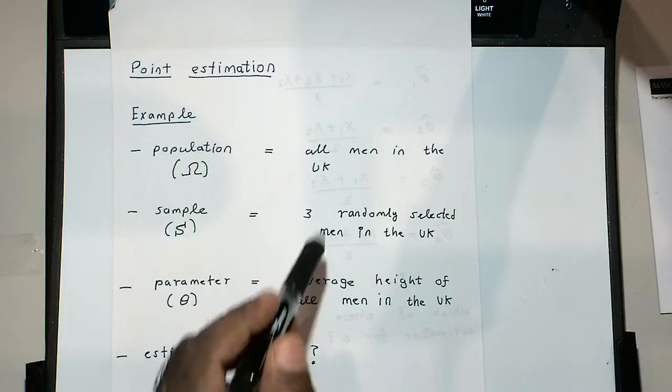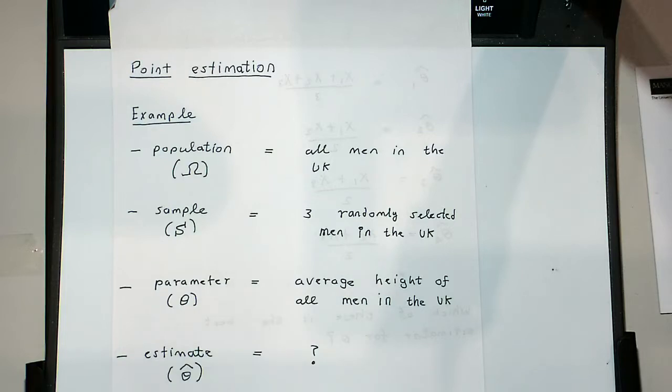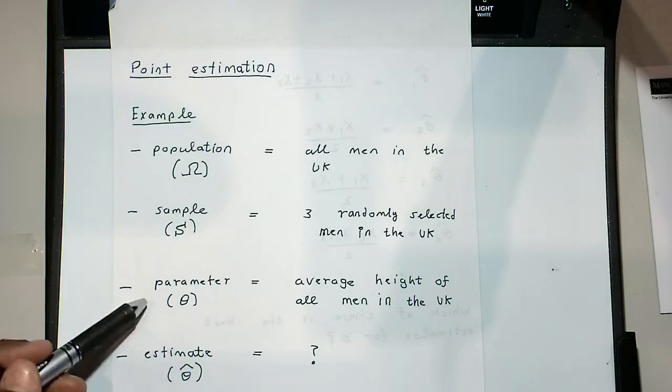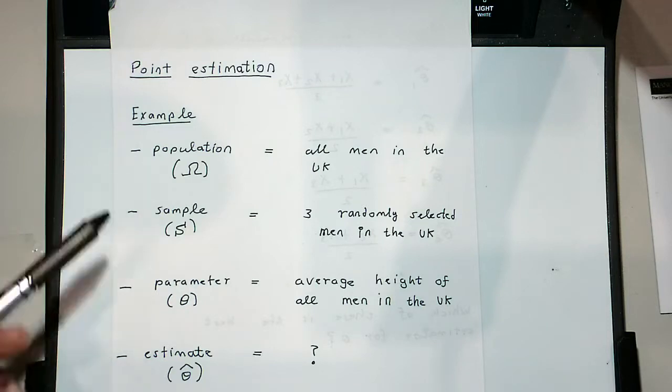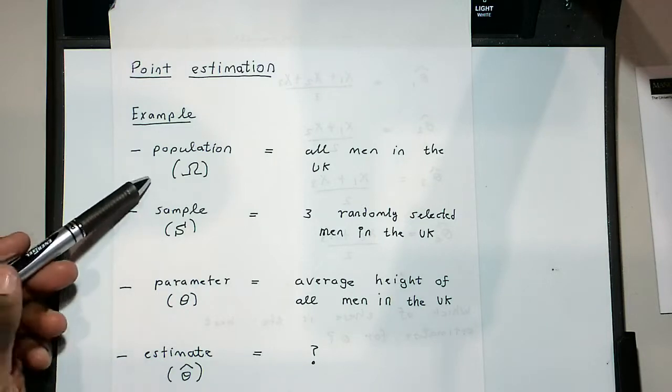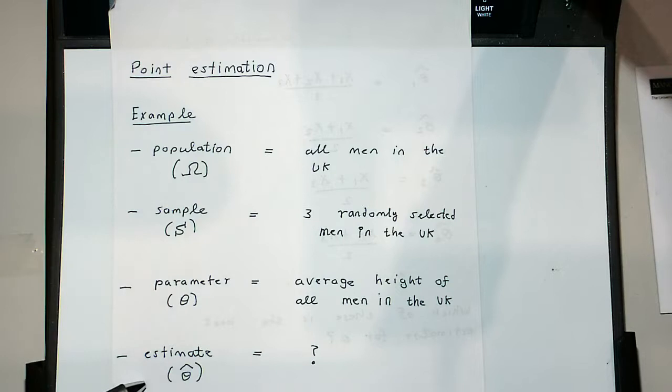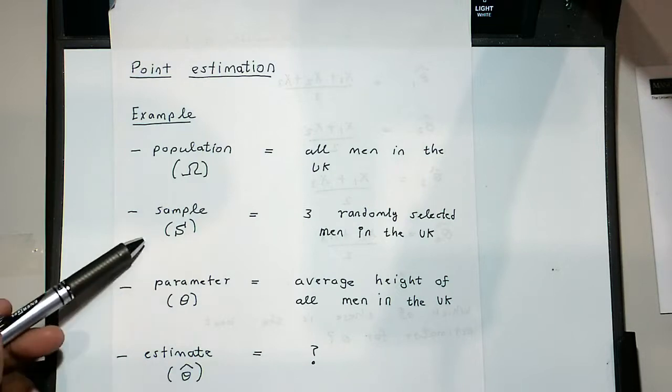So this is an example of a situation where these 4 elements arise: the population, the sample, the parameter, and the estimate. Right? So the parameter is something that is associated with the population, whereas the estimate is something associated with the sample.